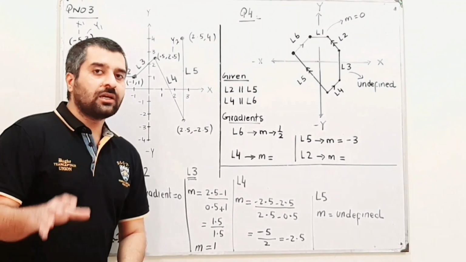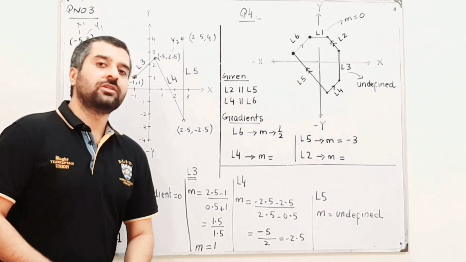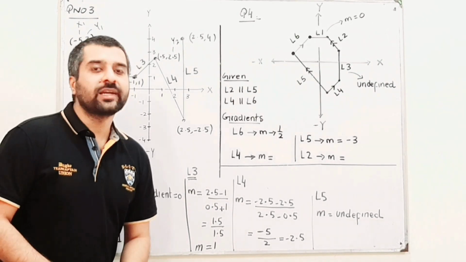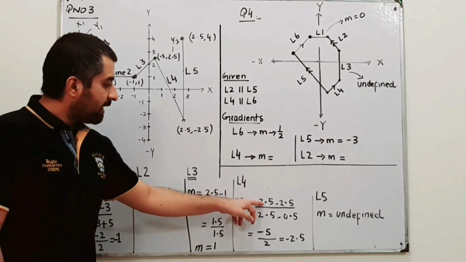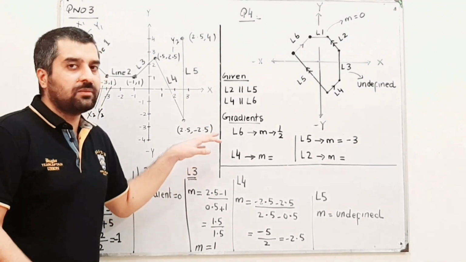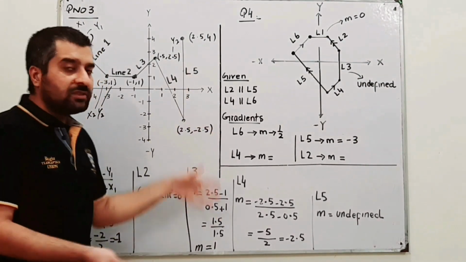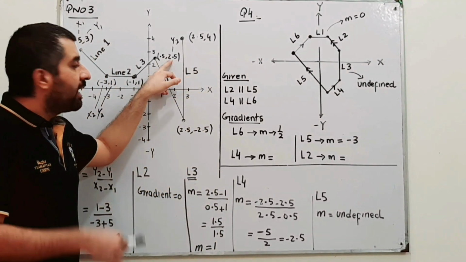So after writing the coordinates, find the gradient using the formula y2 minus y1 over x2 minus x1. This one is y2 over here. You can name any one of these as y2 and x2, but if this is y2 then this is y1.